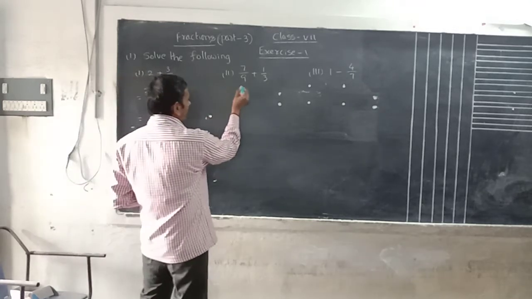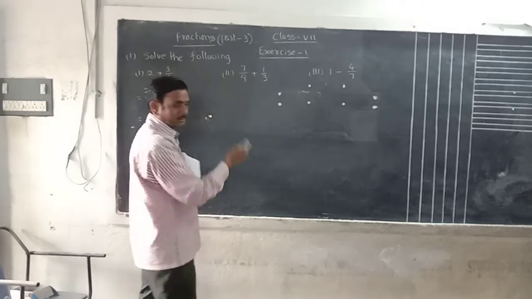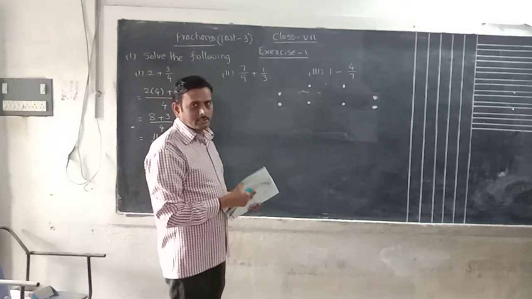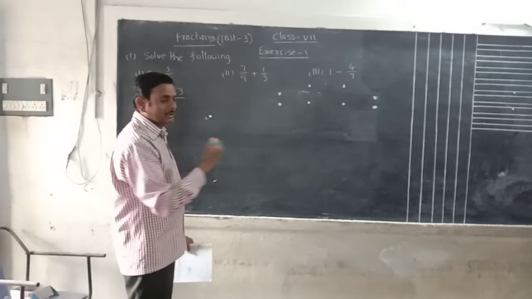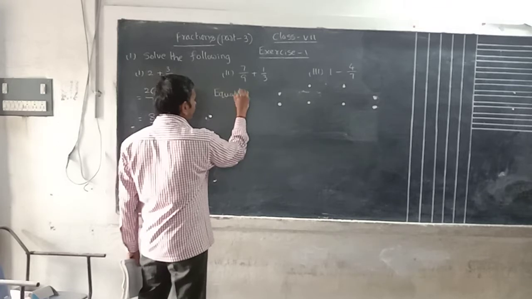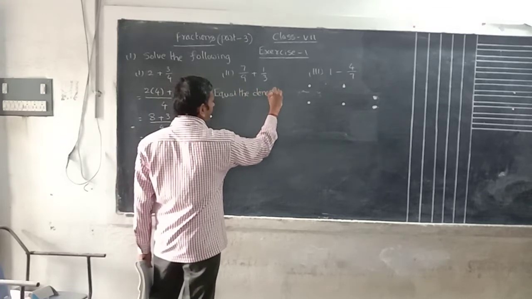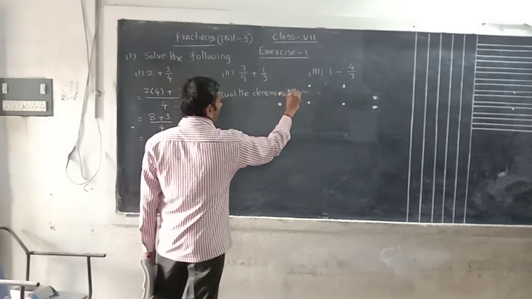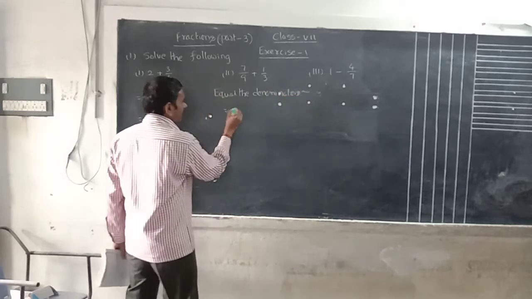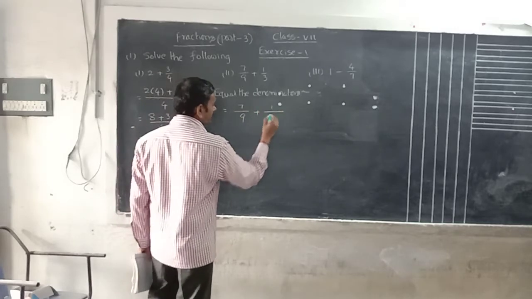Now the second question. This one we can do in two methods, by the cross multiplication method or by equalizing the denominators. Now I want to equalize the denominators. What is the number? 7 by 9 plus 1 by 3.